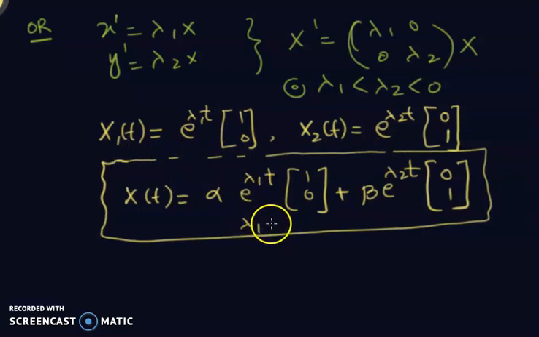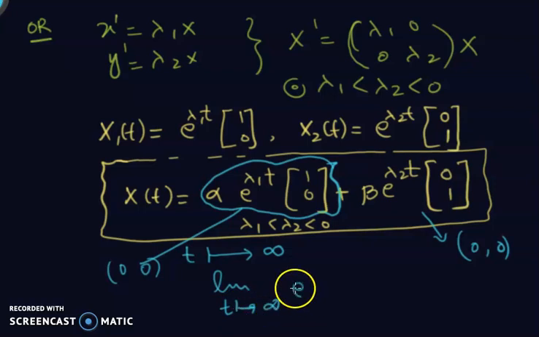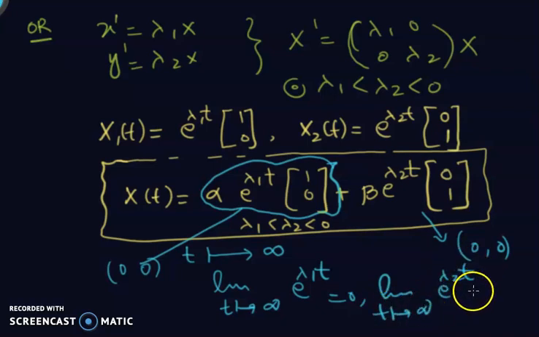Don't forget that lambda 1 is less than lambda 2 and both are negative. One more thing you can observe is that as time goes to infinity, this quantity converges to (0,0), the origin. Why? Because lambda 1 and lambda 2 are both negative, so the limit as t goes to infinity of e to the lambda 1 t is 0, and the limit as t goes to infinity of e to the lambda 2 t is also 0.